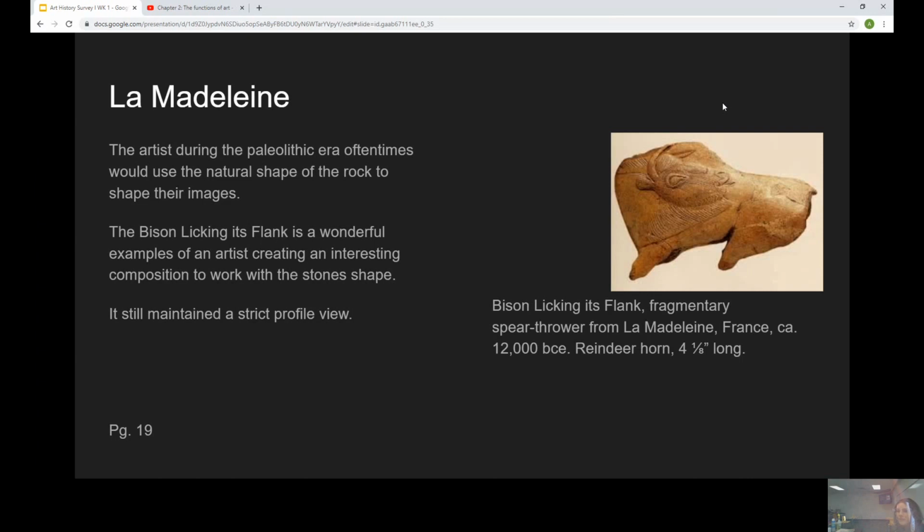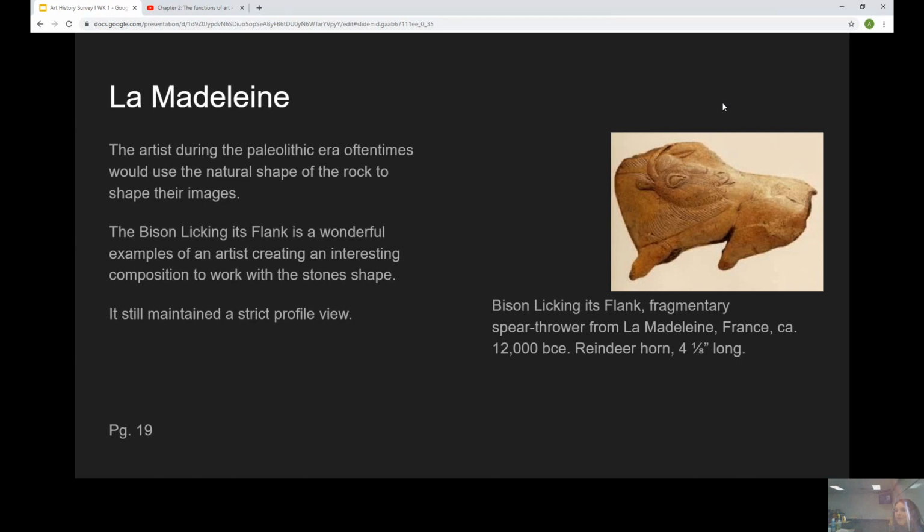But most people think that the reason why this bison is not in profile view is because the artist was trying to work with the shape of the rock that they found. A lot of the art from the Paleolithic era is working with the natural shape of the rock, or the horn, or the tusk that they found. So a lot of people believe that was the reason for this interesting composition choice.